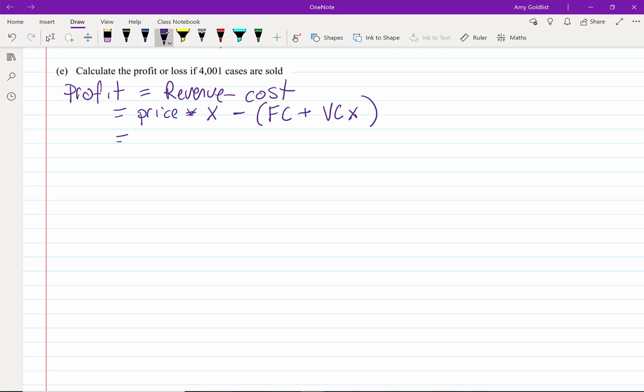Moving this around, I end up with price minus variable cost, X. I've moved it around and I factored that out, minus the fixed costs. One thing to make sure of is the minus here in the brackets distributes.